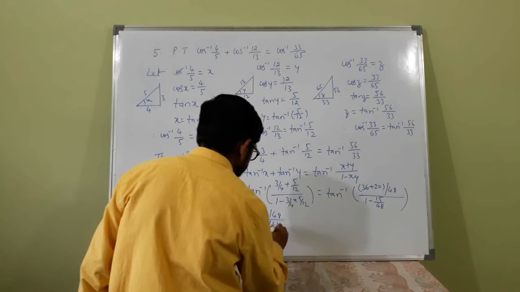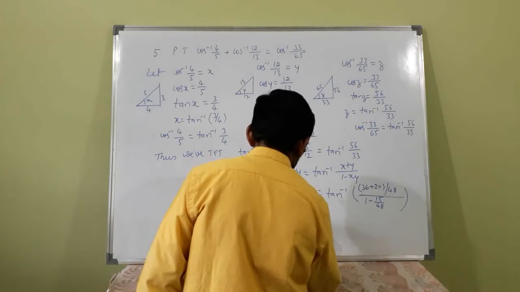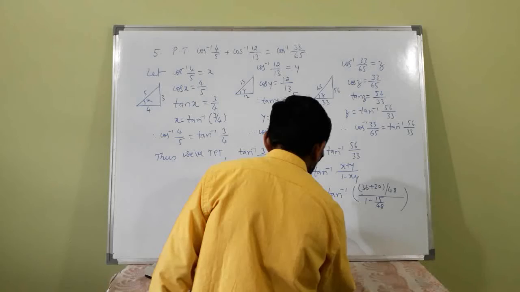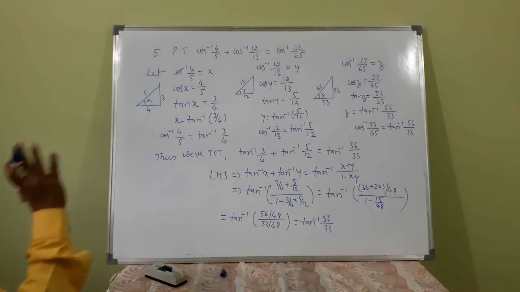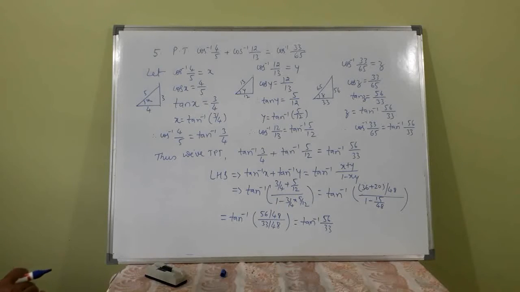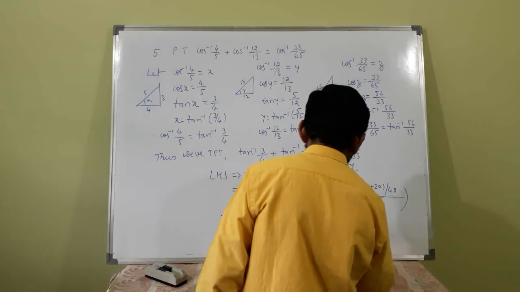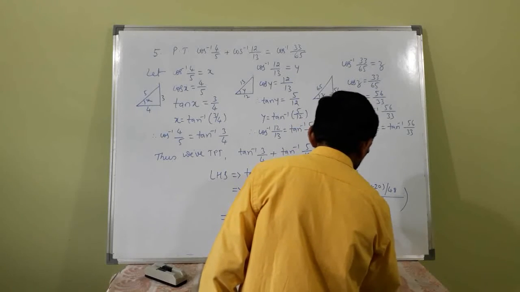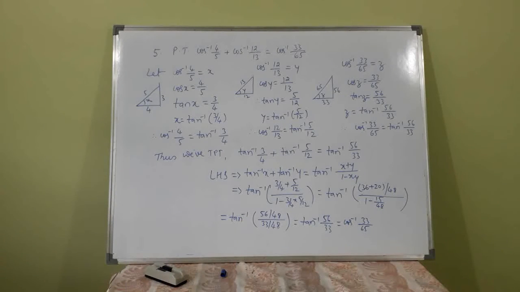So that is tan inverse of 56 by 33, which is equal to cos inverse of 33 by 65. Okay.